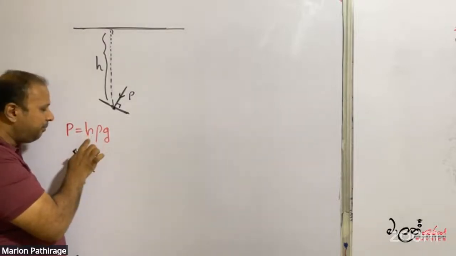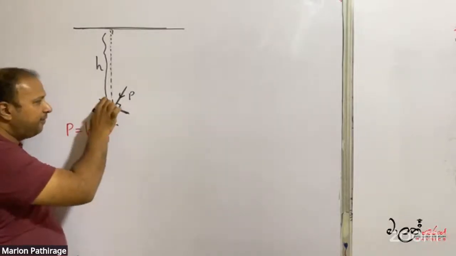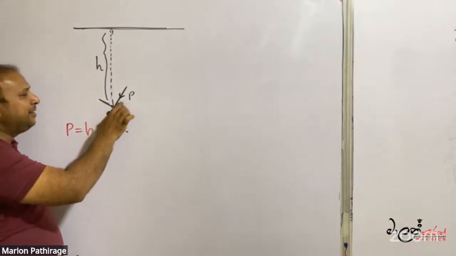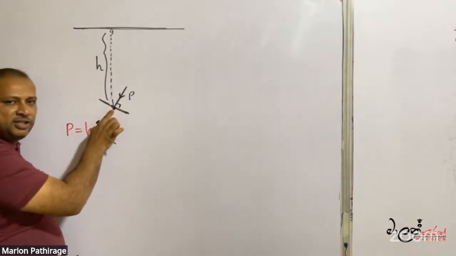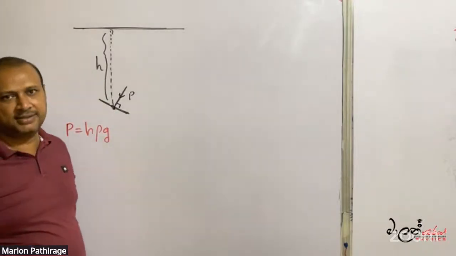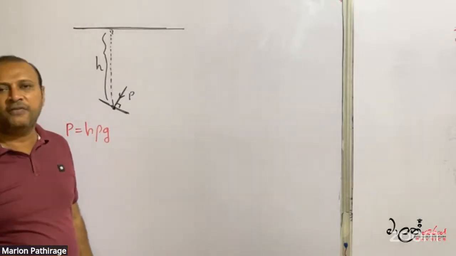Therefore, if the height is a constant, the pressure exerted at this point should be a constant, regardless of the shape of the surface.